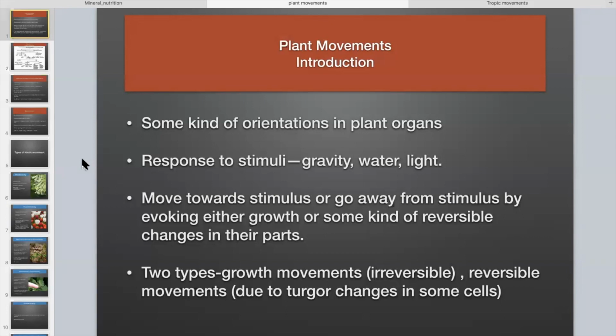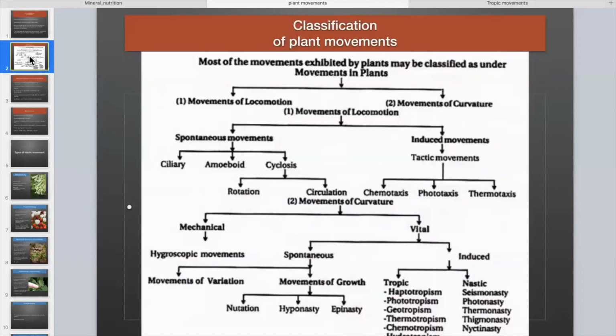Now, there are a lot of stimuli and a lot of reasons for plant movements, and according to that, classification is done. Here I am showing you the classification of plant movements. They are classified into two types: movements of locomotion and movements of curvature.